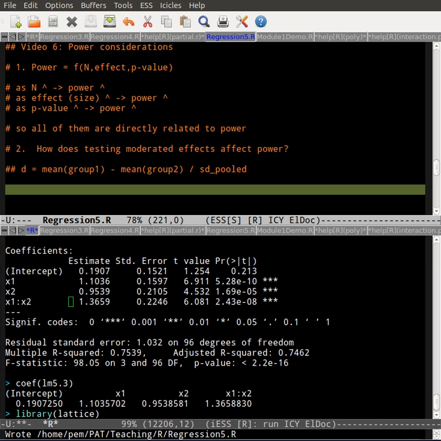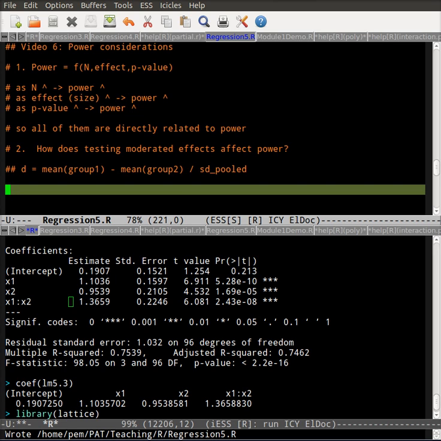Every time we take relevant variance away from any of our predictors, we attenuate those effects and we decrease the likelihood of us rejecting the null, i.e. we reduce power.